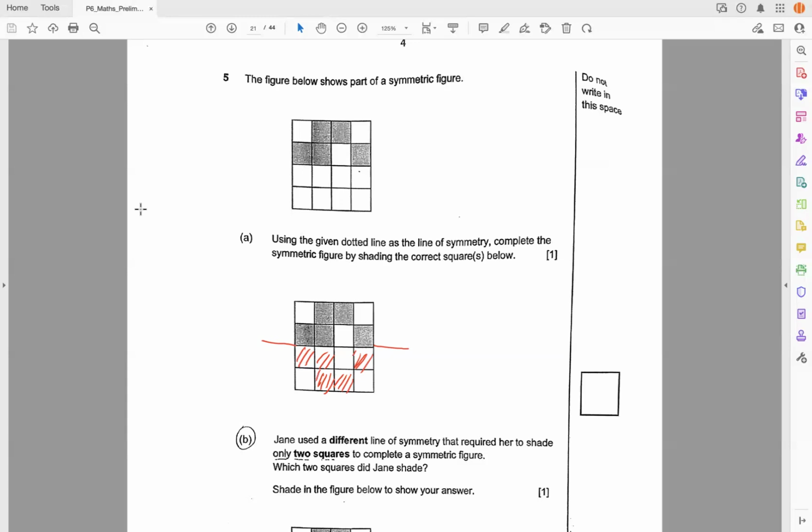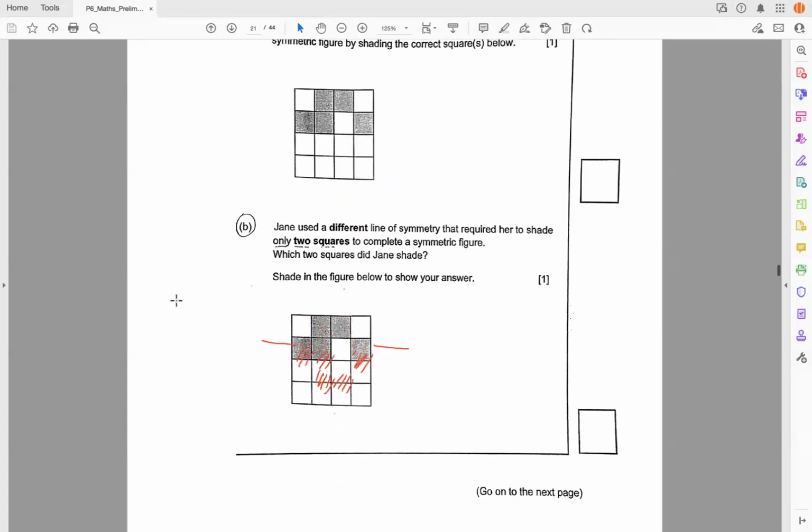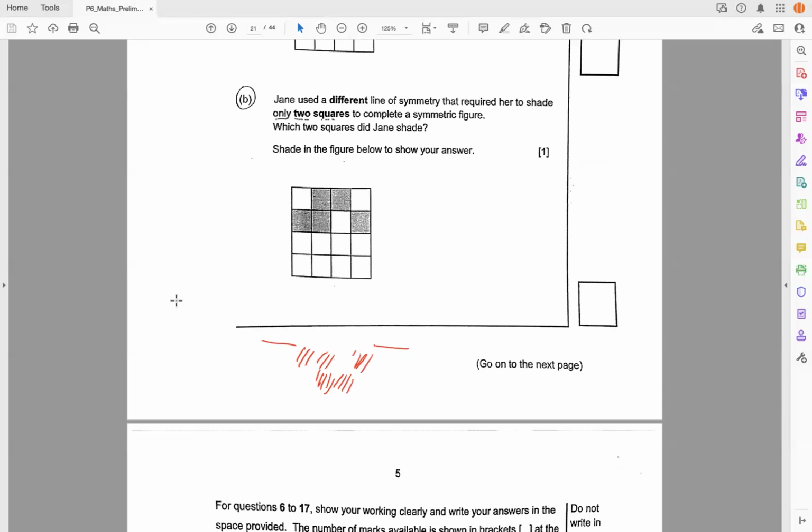Okay, question 5B. My paper got no dotted line, but the dotted line is supposed to be here. So they wanted 2 squares, right? So 2 squares will be here and here. My advice to you is that after you shade, just double check.